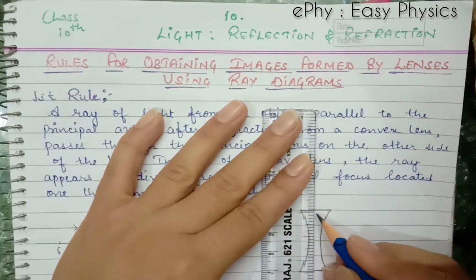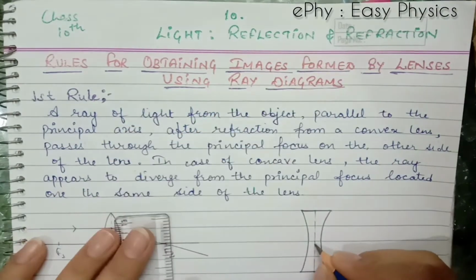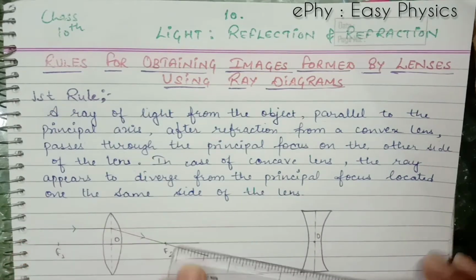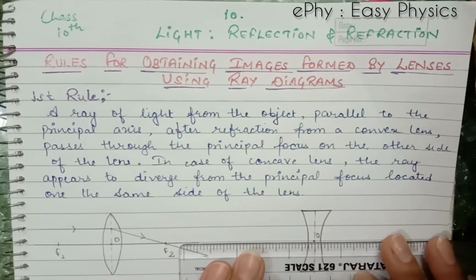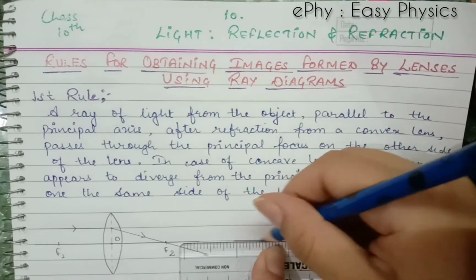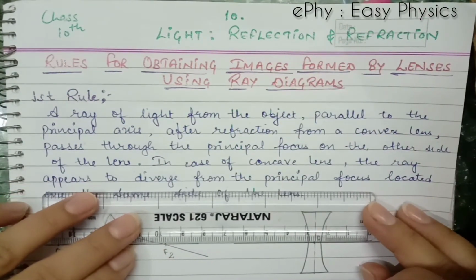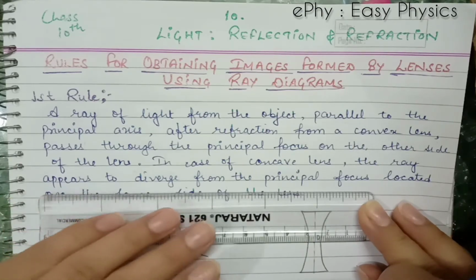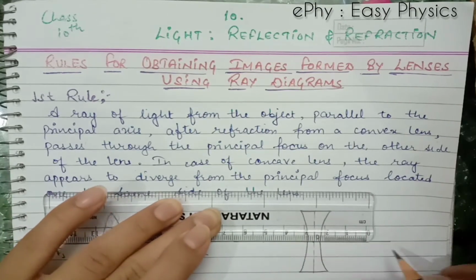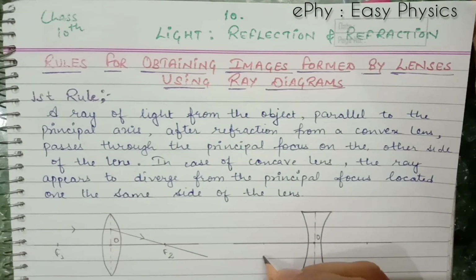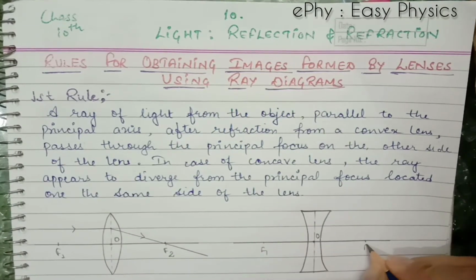And we will draw the middle line for this to mark the optical center here. Then we will draw a principal axis and mark the focus on both sides of the lens at equal distance from the optical center, mentioning it as F1 and F2.